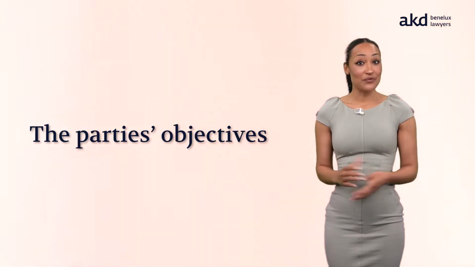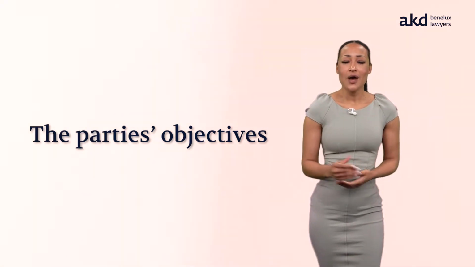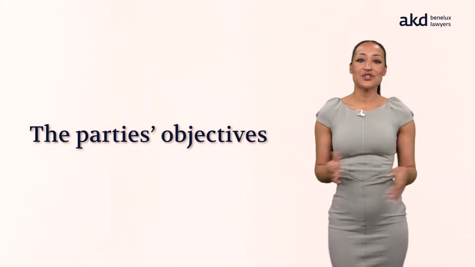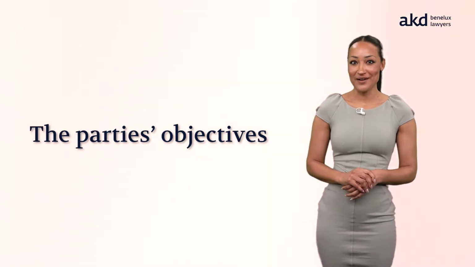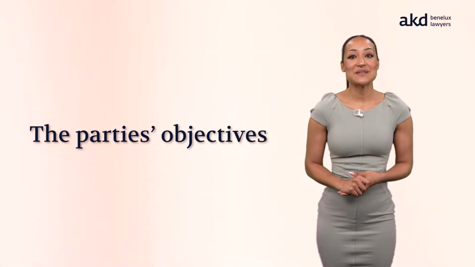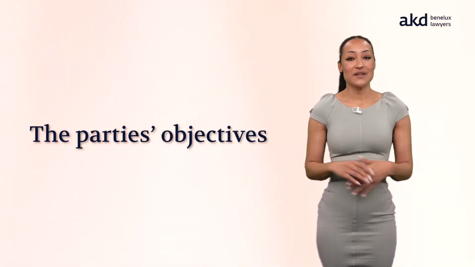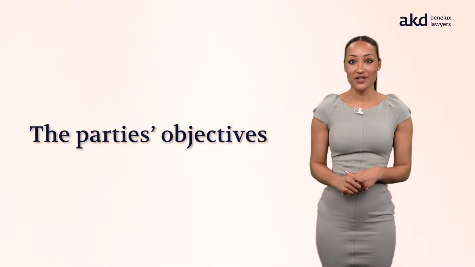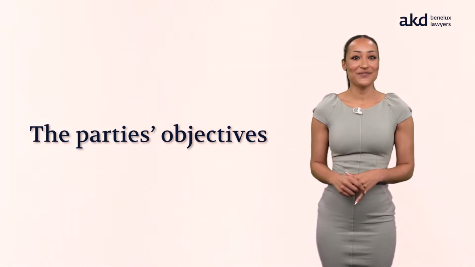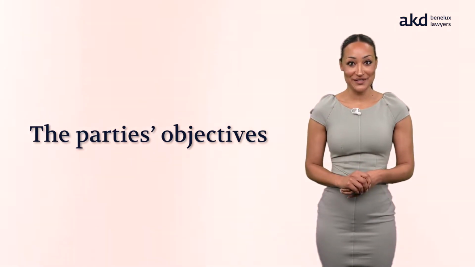In the context of a resale agreement, for example, a pertinent question would be what kind of distribution system both parties have in mind. If the supplier aims to maximize the number of suitable retail outlets with a view of achieving the highest possible turnover and market share, the supplier could benefit from an intensive distribution system.